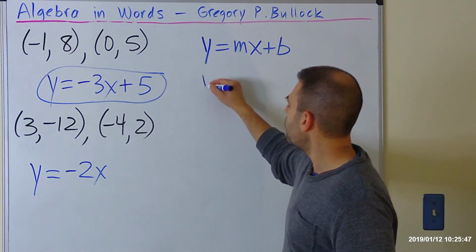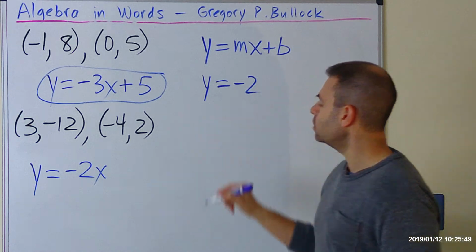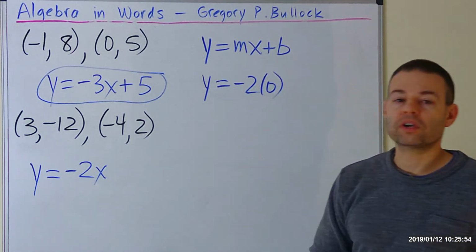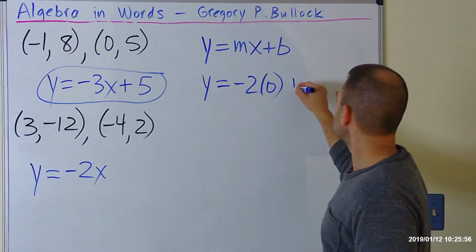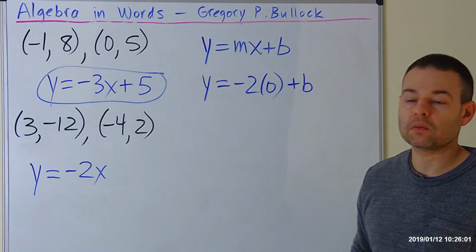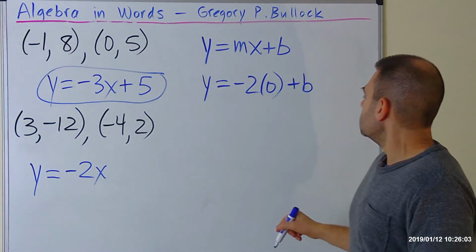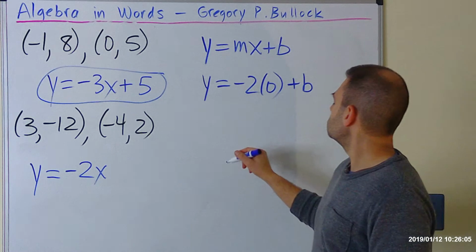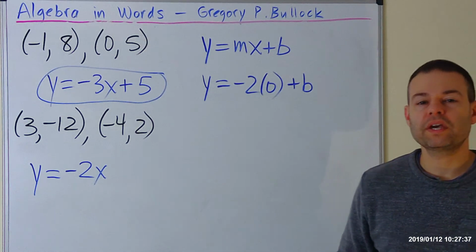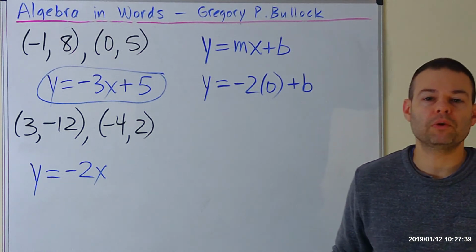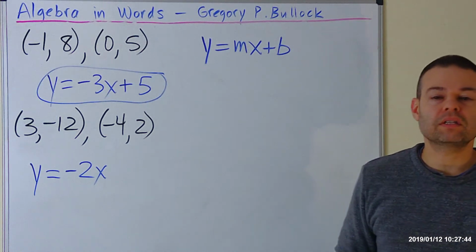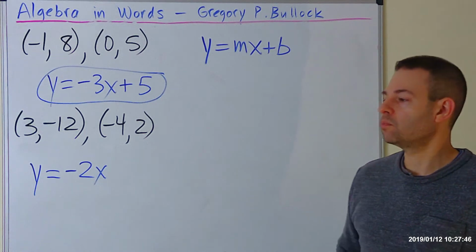So far we have y equals -2x, and we're going to put 0 in for that to determine what y equals. Actually, we can't do that yet because we don't know what y would be. That's what we're trying to figure out. But there's also an easier way, which we're going to do right now.